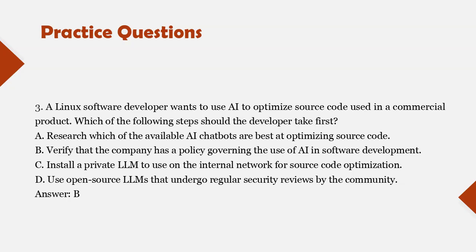B. Verify that the company has a policy governing the use of AI in software development. C. Install a private LLM to use on the internal network for source code optimization. D. Use open source LLMs that undergo regular security reviews by the community. Answer B.